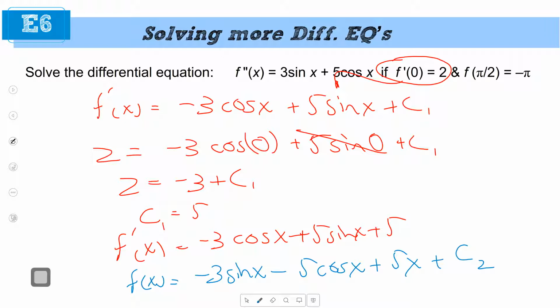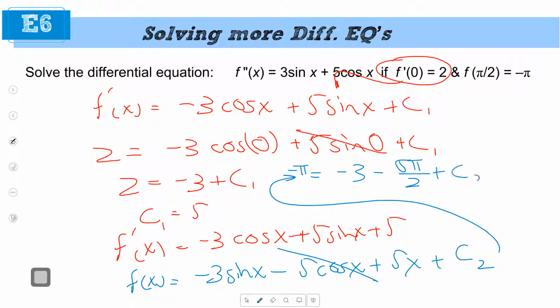Negative pi is equal to, sine of pi over 2 is 1, so negative 3 minus 5 pi over 2 plus c2.